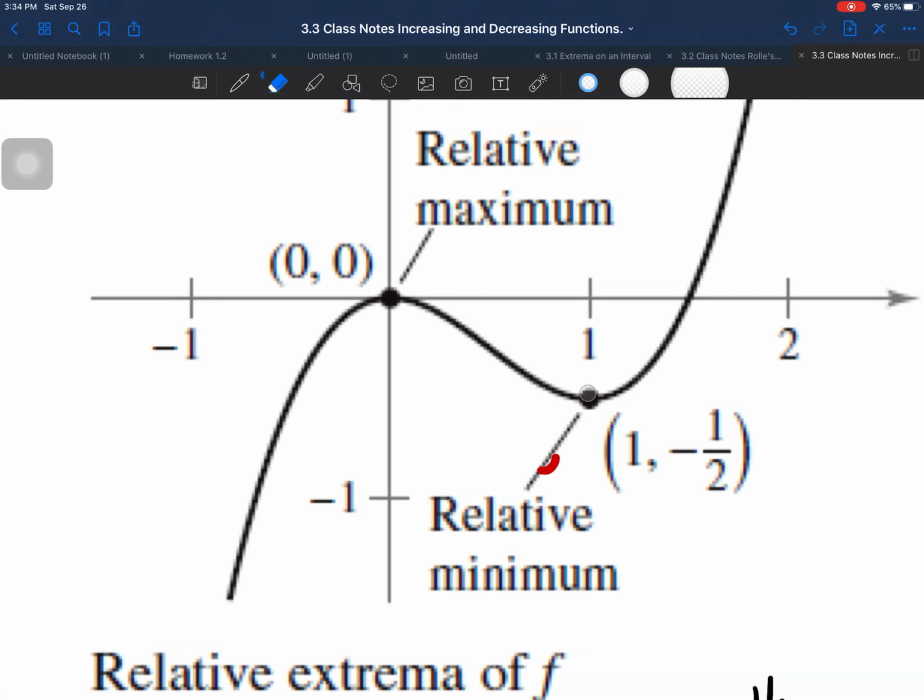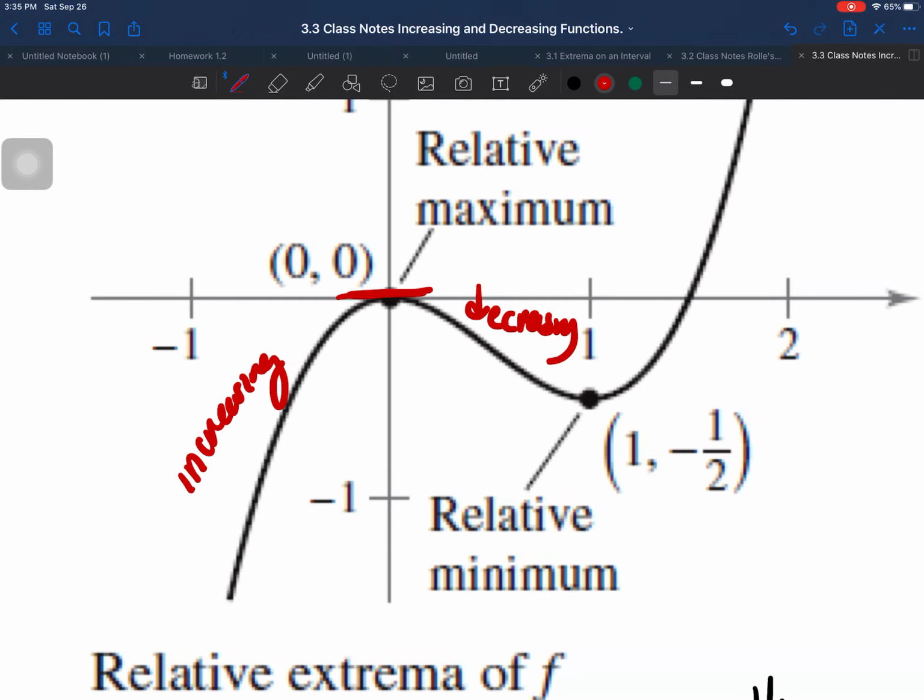Now, if we relate this to what we just discovered, what do we know about this? We know that the function is increasing, followed by a critical number, followed by decreasing. If you follow that order, increasing, critical number, decreasing, then that tells you, hey, you just found a relative max.